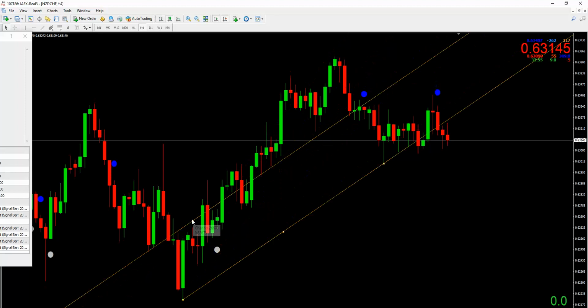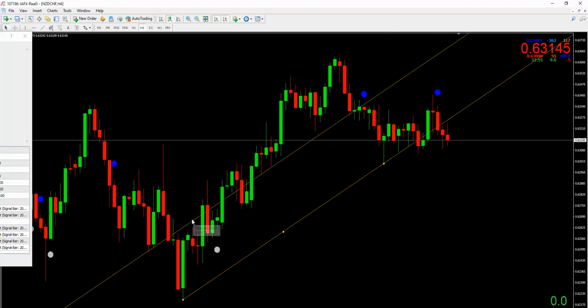Let's assume that it comes back up and retests the bottom bit of this zone. When it goes this way, I'll be looking as far as the bottom here, maybe over 80 pips for that trade.